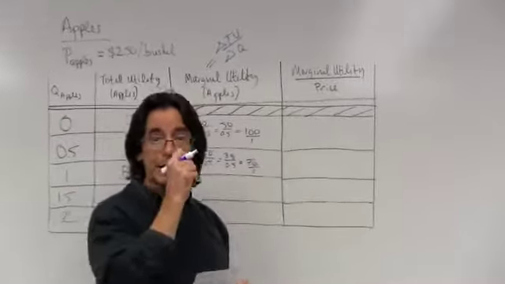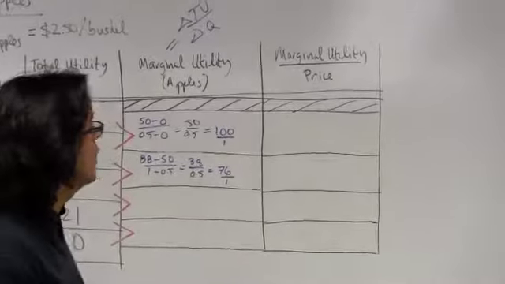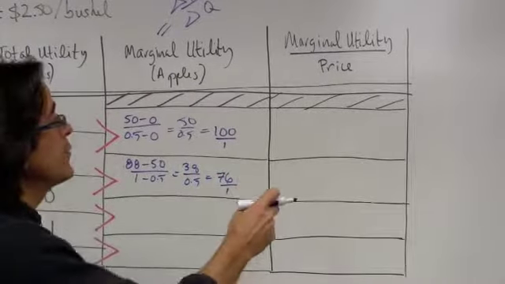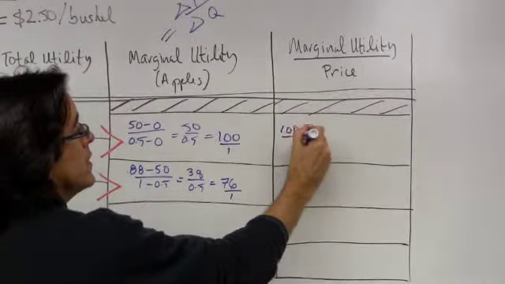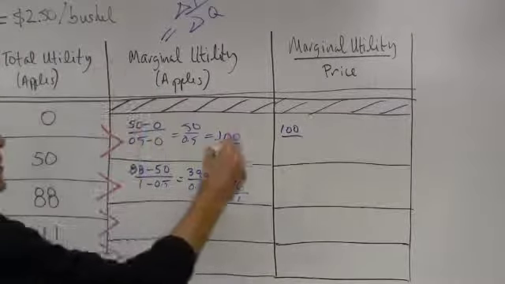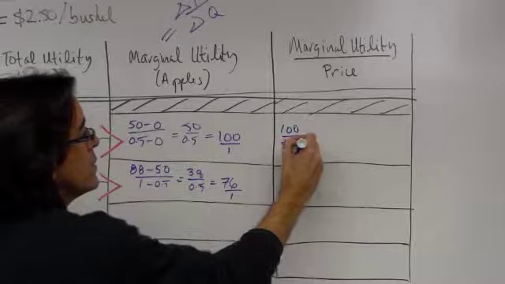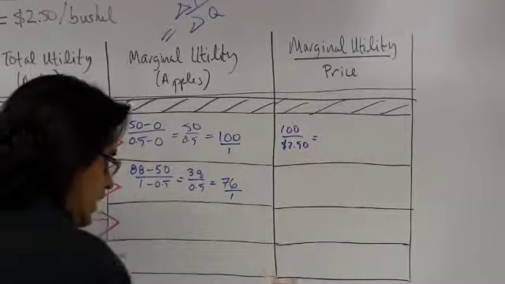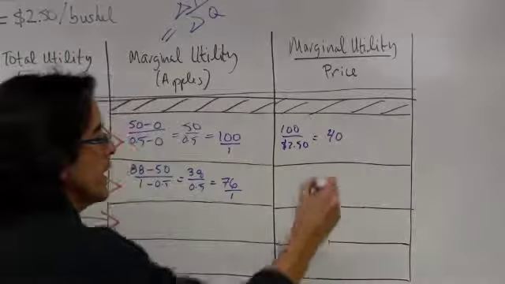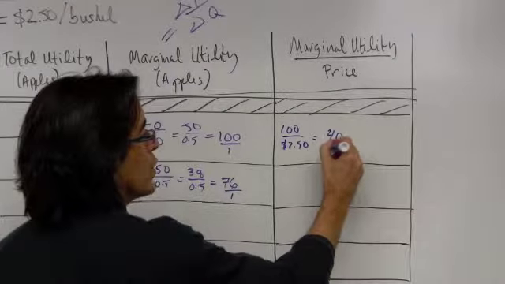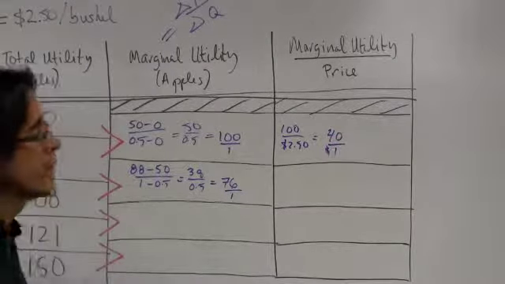So let's do the calculation first, and then look at what it means. This is a pretty straightforward calculation. We're just taking that marginal utility and dividing it by the price, $2.50. If we do the calculation, the value is 40. I'm going to say 40 over $1.